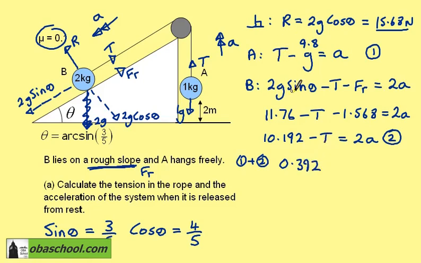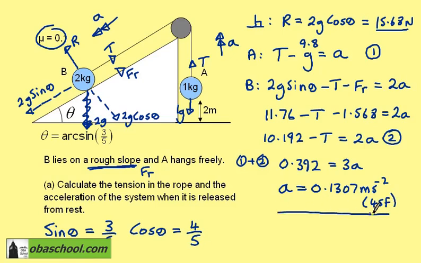The T's will cancel, equals 3a. A is then 0.392 divided by 3, which is 0.1307 meters per second squared, working to 4 significant figures, saving the extra significant figure since we may use this in subsequent calculations.